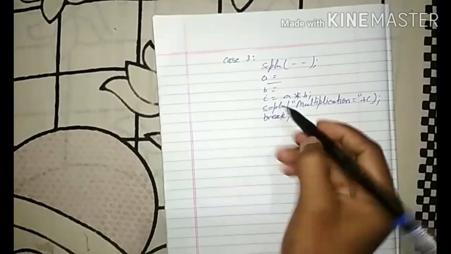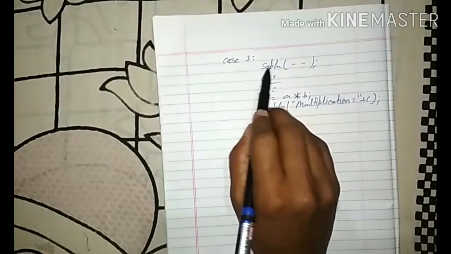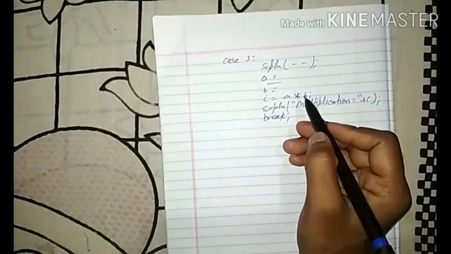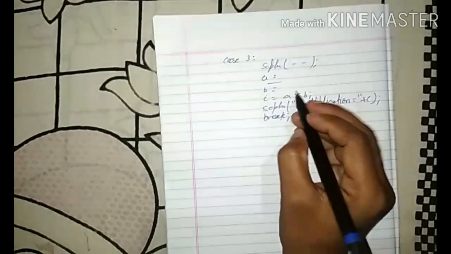Let me repeat this point: I have told the input operation in the previous case 1 and case 2. That's why I'm not writing this in case 3 as well as in case 4, you know.